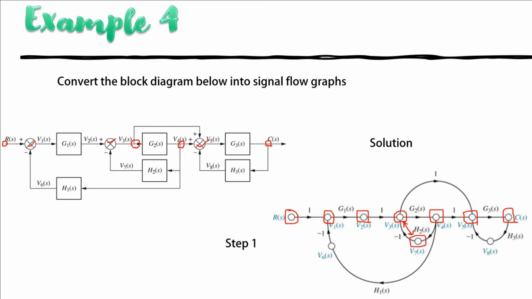Alright, so we have another loop here, H1, and we have another external loop here for the H3. This one also can be considered as 1 node.